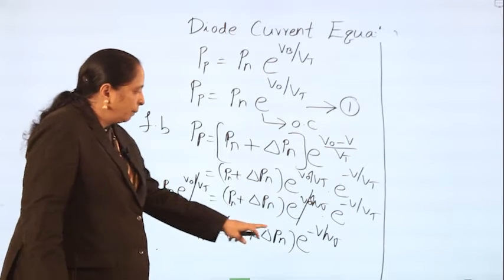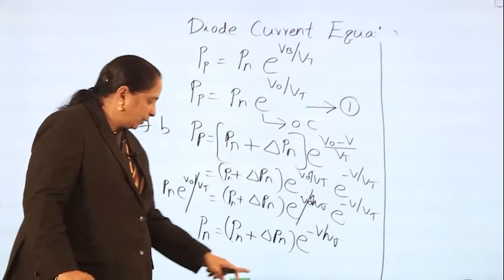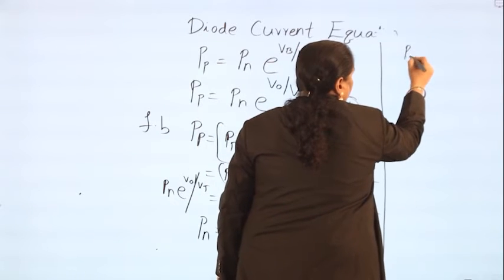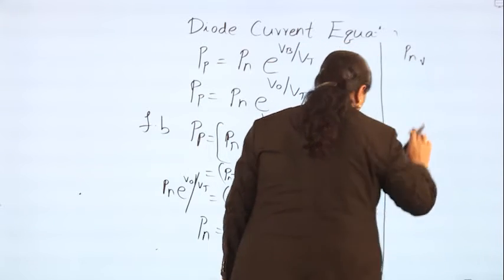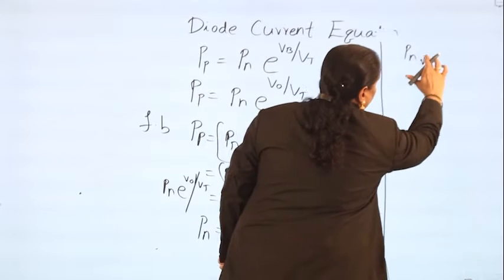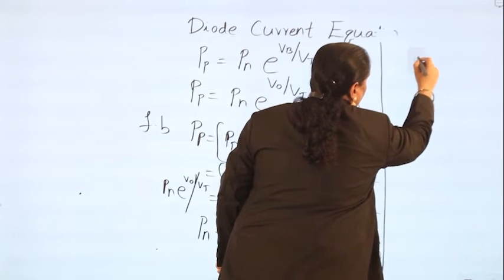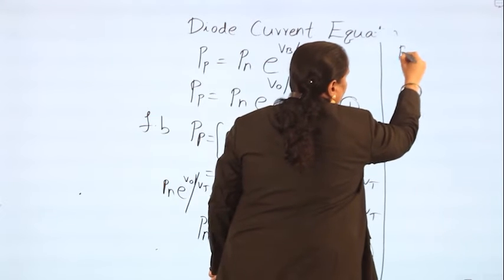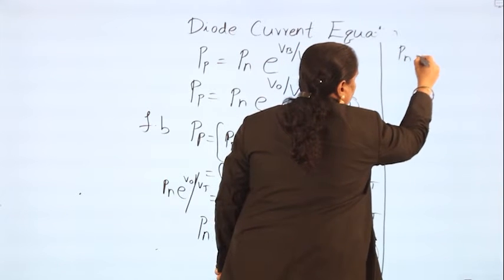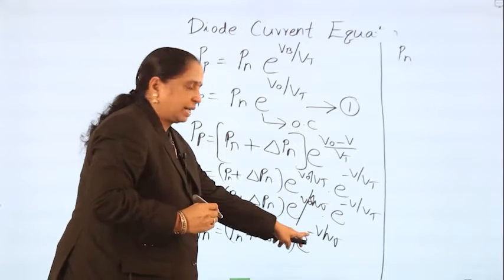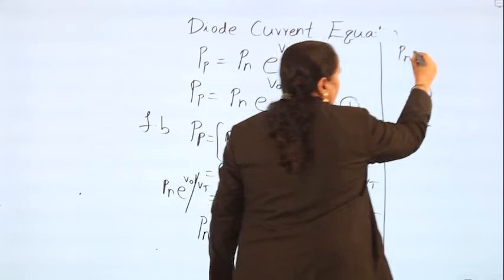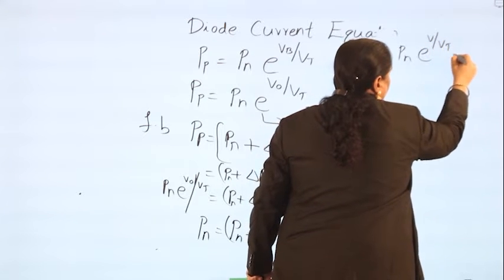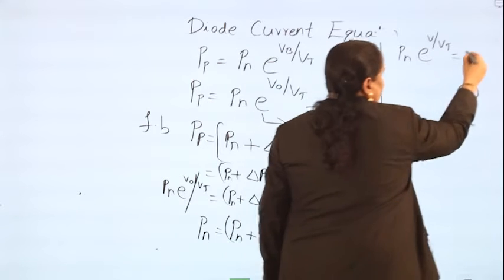Now if you bring this e power minus V by Vt to the right side, Pn into e power V by Vt is equal to Pn plus delta Pn.